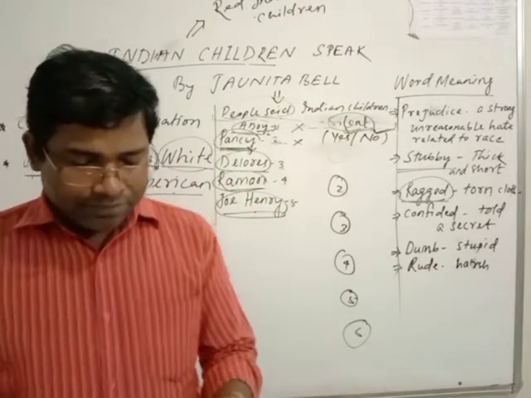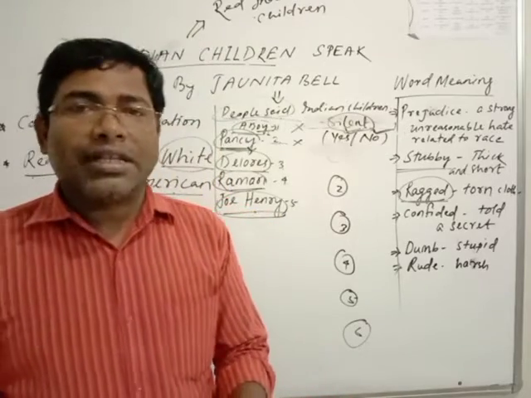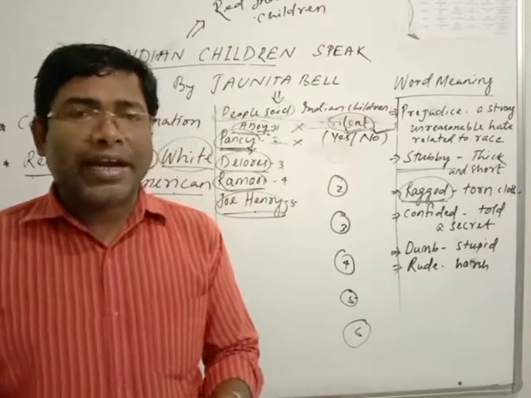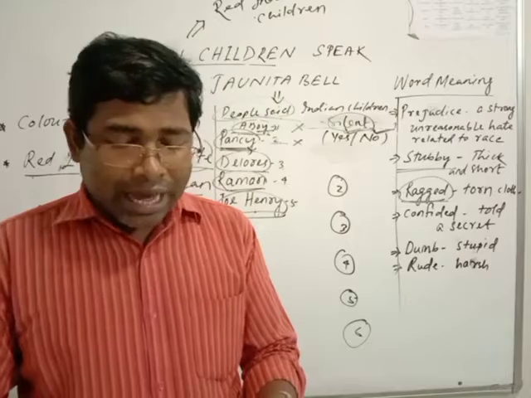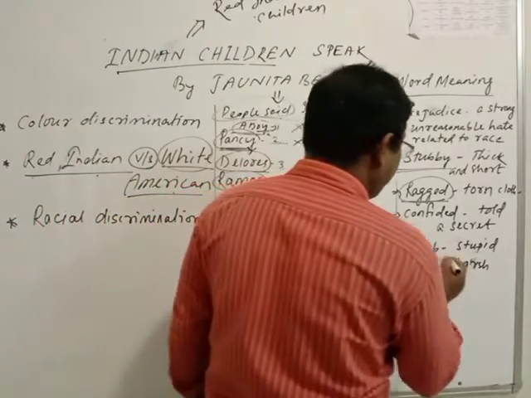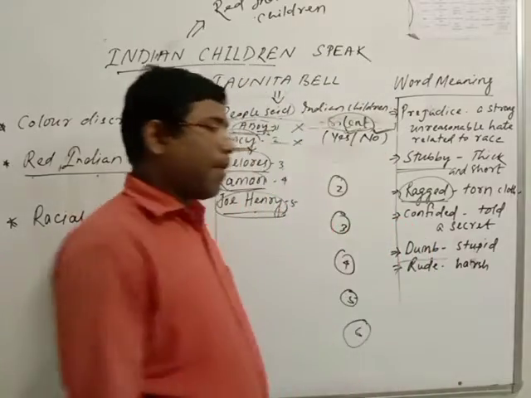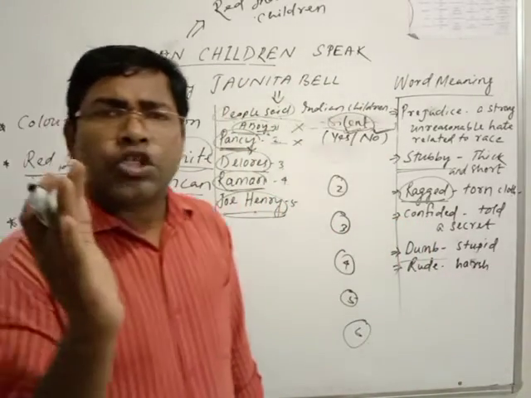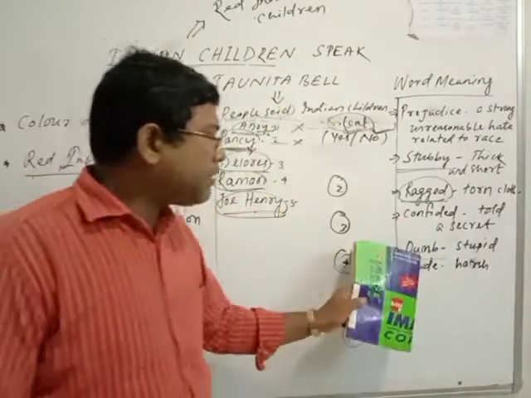Next. Stanza 3. People say Indian children are dumb. What do you mean by dumb? Dumb means stupid.